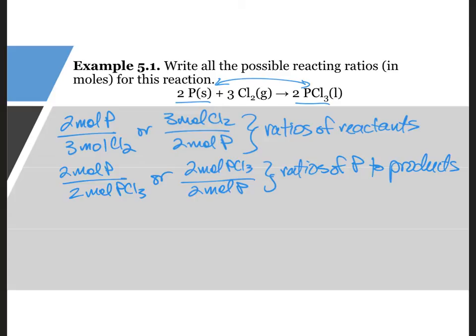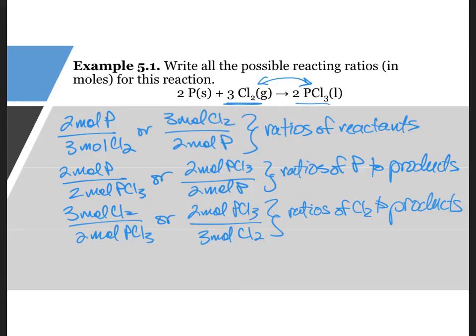And we can do the same for ratios of chlorine to product. 3 moles chlorine are equivalent to 2 moles of PCl3, and 2 moles of phosphorus trichloride are equivalent to 3 moles of diatomic chlorine. Let's see if you can write these ratios to solve the next example problem.